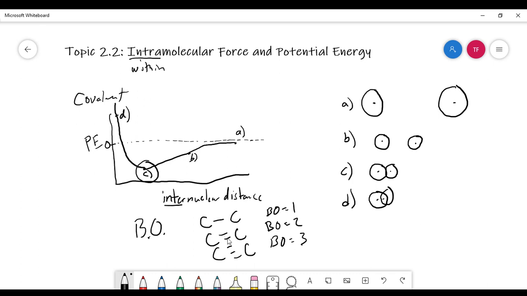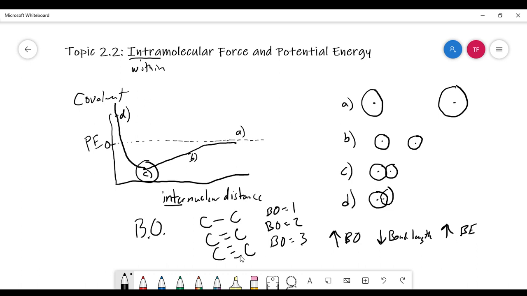And the more bonds you have between two atoms, the higher the bond order, the shorter the bond length. Because the atoms are sharing more electrons, there's more attraction between the nuclei and the outer electrons, and you have a shorter bond length. But as you increase the bond order, you also have a higher bond energy.